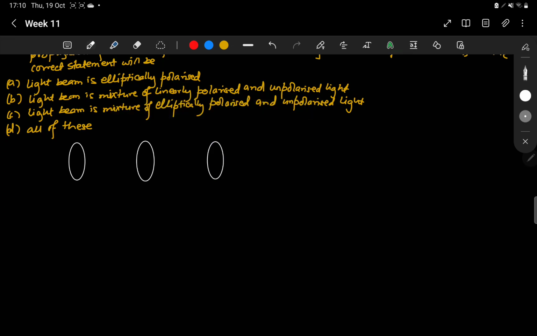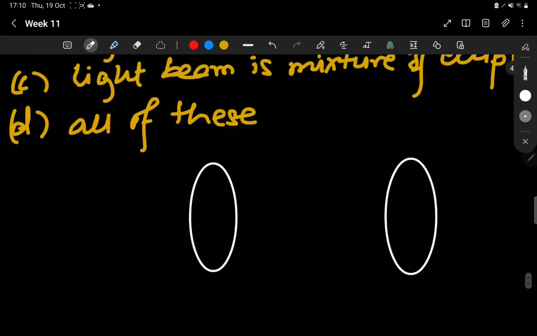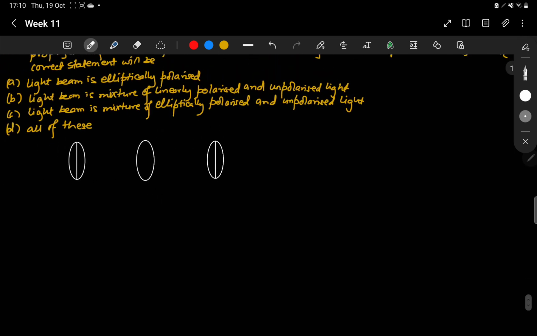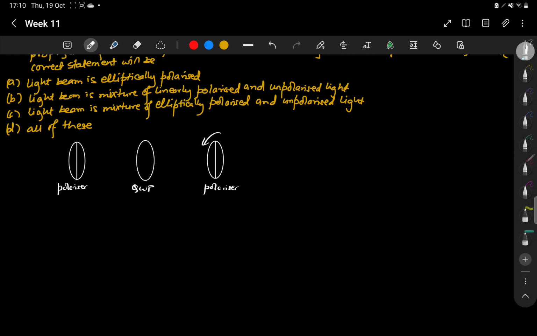Okay, let me draw the pass axis. So polarizer, quarter wave plate, and polarizer, and we rotate this, keeping the quarter wave plate fixed. And once again, the question is measuring the intensity after the first polarizer.